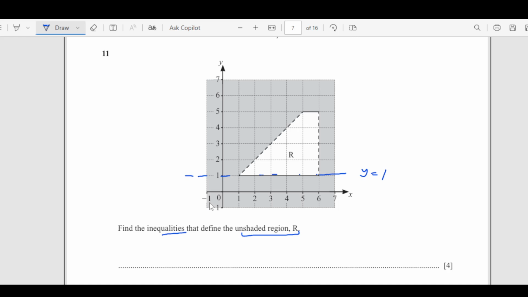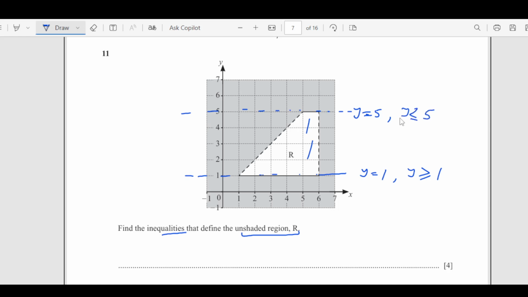As this is a bold line, the equal sign is there, and you see all the points in the shaded region are above this line, so that means y is greater than or equal to 1. Another horizontal line is here, this one. This is also a bold line, so this is y equals 5, and all the points are below this line. So this is the region below the line, so this is going to be y less than or equal to 5.